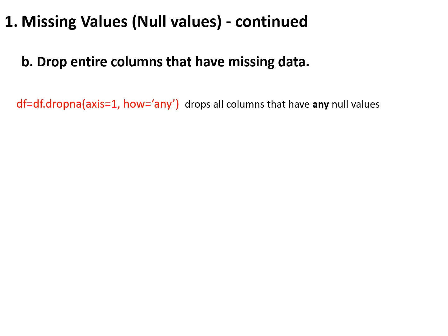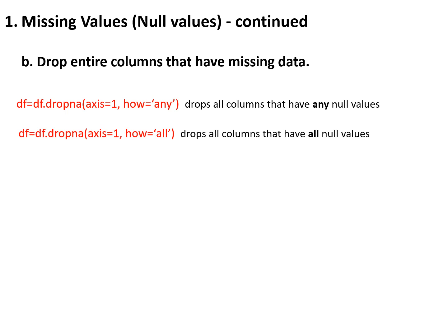If you say how equals any, then it's going to drop all columns that have any null values at all. So any column that has any nulls, it would drop. That might not necessarily be what you want to do, because maybe you have a column in there with some null values that is the column that you're most interested in. So you have to be careful on that one.